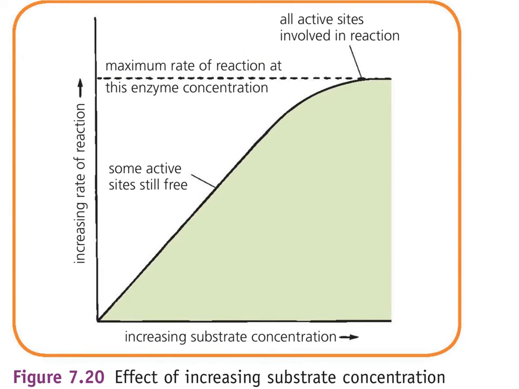So we're going to have a look at this situation here where the substrate concentration is increased in a reaction. If you could imagine maybe some test tubes with, say we'll look at catalase and hydrogen peroxide.